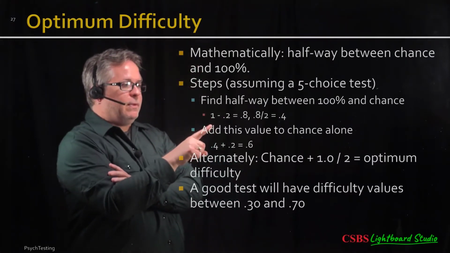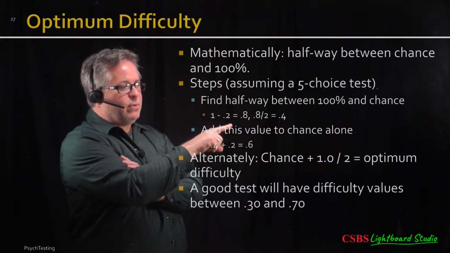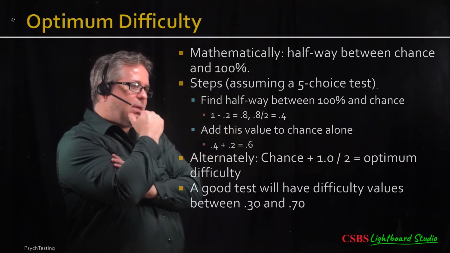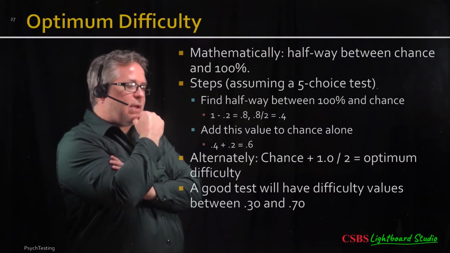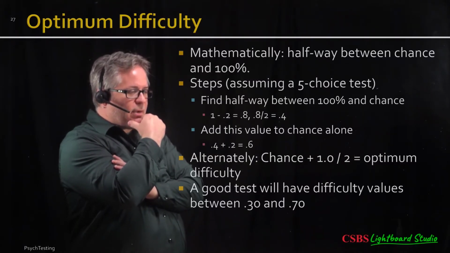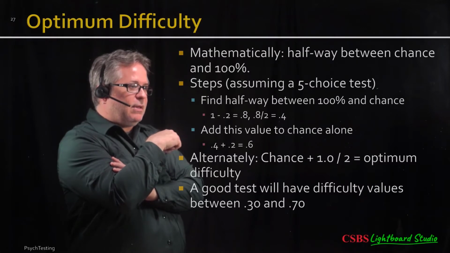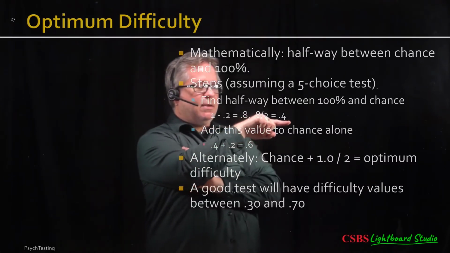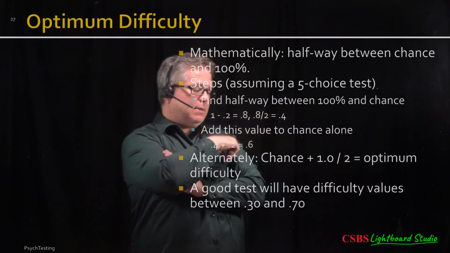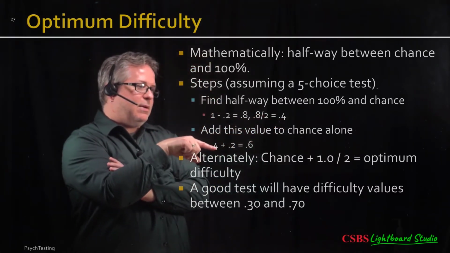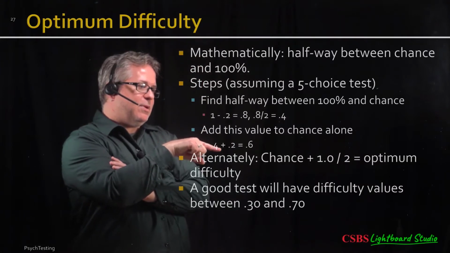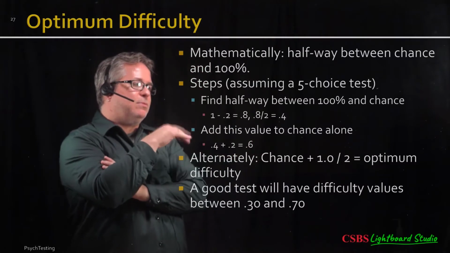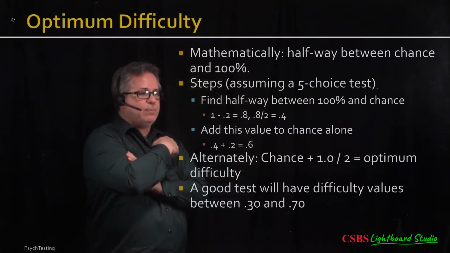So I'm taking 1 minus 0.2, so 0.8. Why do I divide it by 2? Because it's about halfway between there, so 0.4. Add this value to chance alone. So this is about halfway between chance and 100%. You add that back to chance alone, you get about 0.6. So 0.6 is about the optimal difficulty you'd want, optimal easiness.